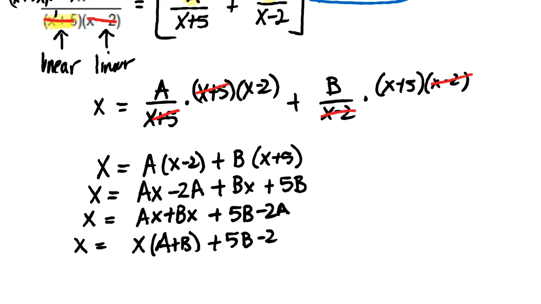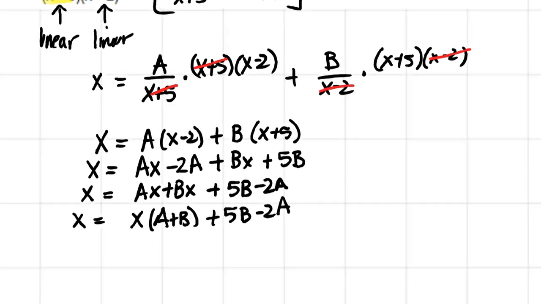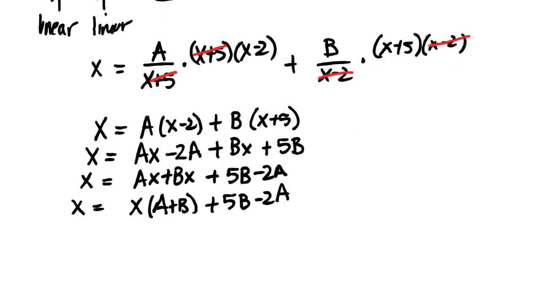So we're going to equate the coefficients. On both sides, I have an x term and a constant. On the left, even though I don't have a constant, I'm going to treat this as 1x plus 0.